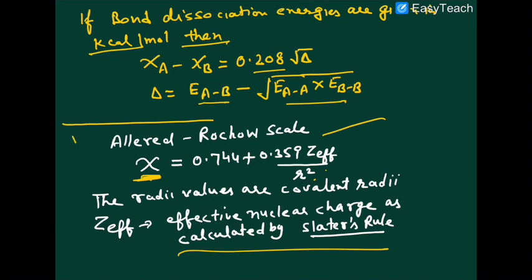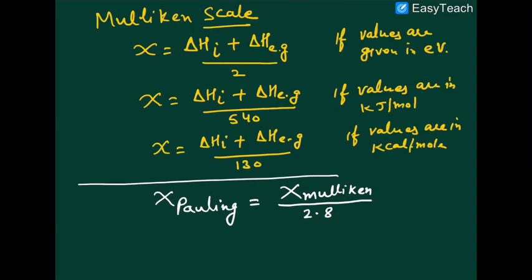So among the three, the second one is the Allred-Rochow scale, the Pauling scale, and the third one is the Mulliken scale. Here I stands for ionization enthalpy and Eg stands for electron gain enthalpy.